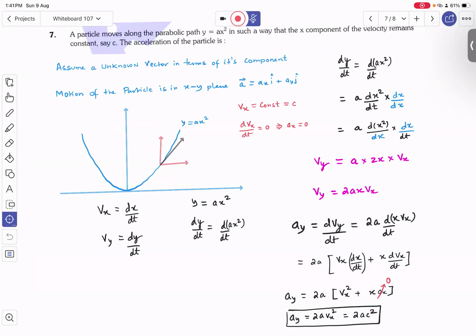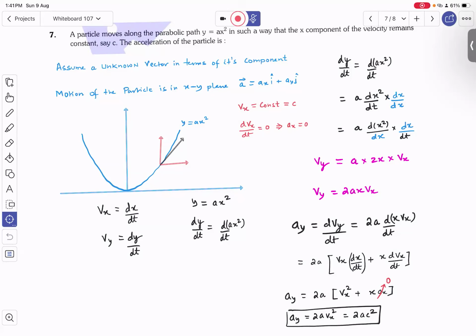Before you do that question, tell me one thing. In projectile motion, what is the acceleration along x? 0, correct? And what is the acceleration along y? Negative, correct? But constant, no? What was the path we were having? Parabola, correct? And what kind of parabola?